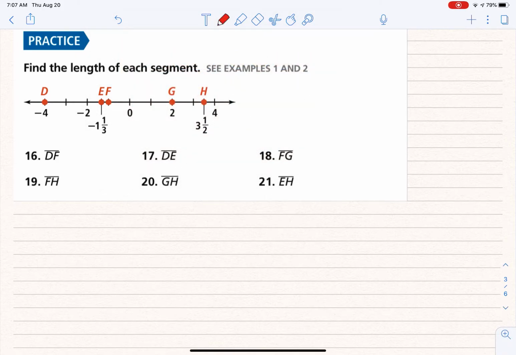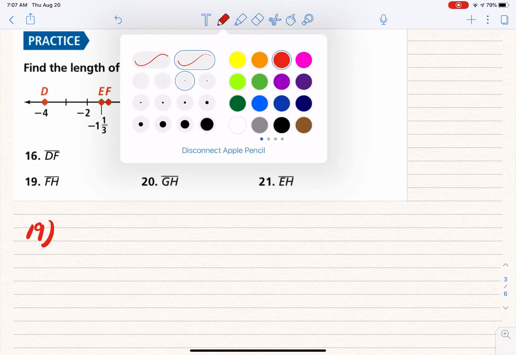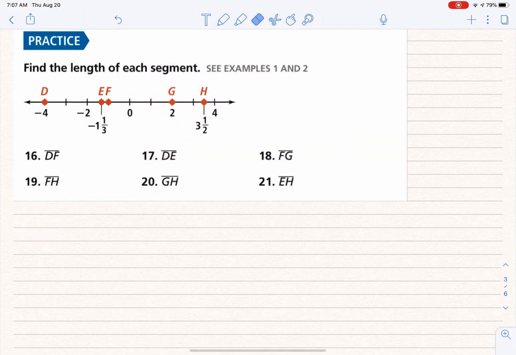So on number 19, on my paper, I'd say, okay, I'm doing number 19. All right, on number 19, I'd say, I'm looking for the length of FH. And I know that the length of FH is equal to the absolute value of wherever F is minus wherever H is. I look where F is.